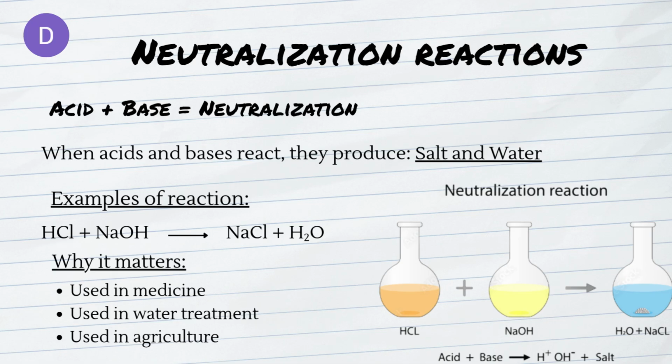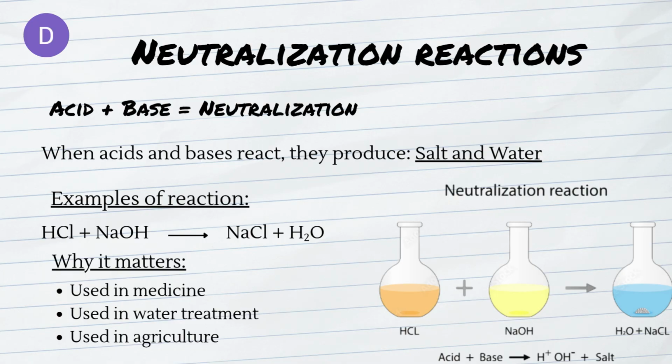But why is this reaction important? Neutralization reactions have several practical uses. They are used in medicine, for example, when substances are used to help neutralize excess acids. They are also important in water treatment, where chemicals can be used to adjust the pH of water.